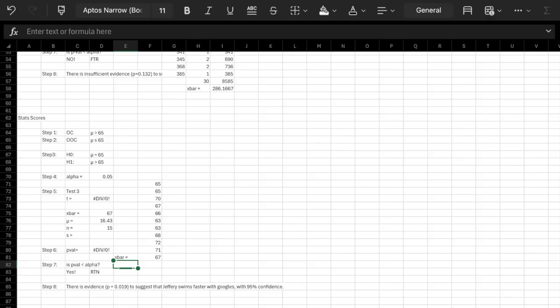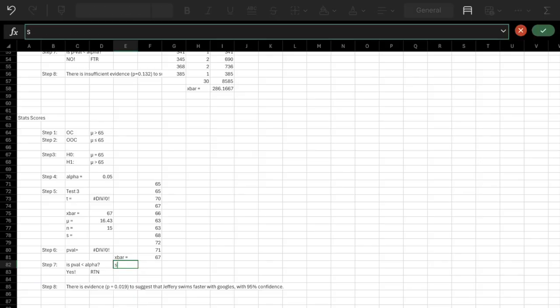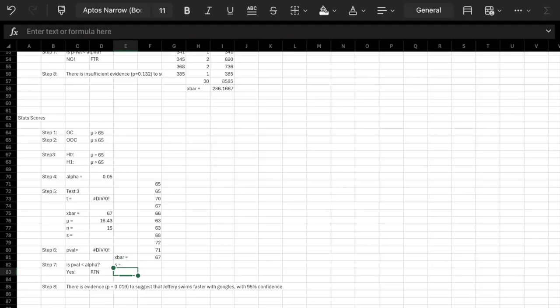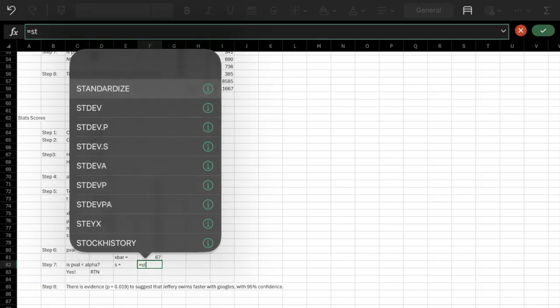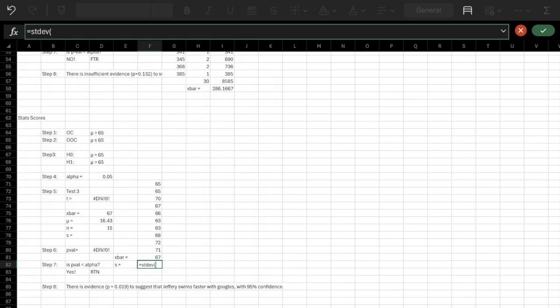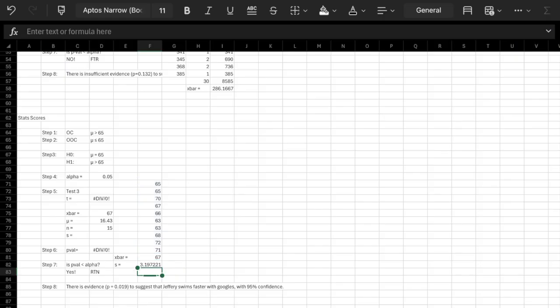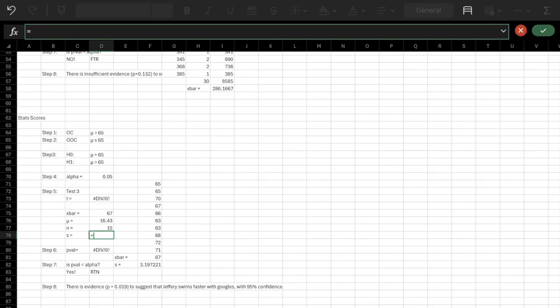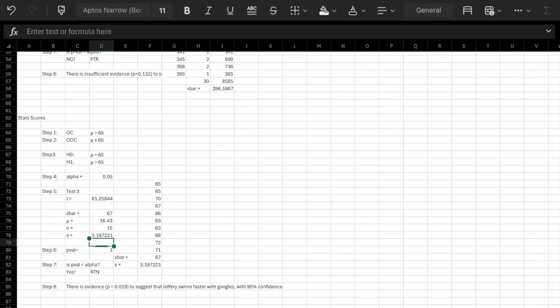Okay, and while we're over here, let's do S. S equals ST dev. If I want to take the standard deviation, that's what I'm going to need to do right there. Of those 10, 3.19. Okay, great. So now my standard deviation is there.